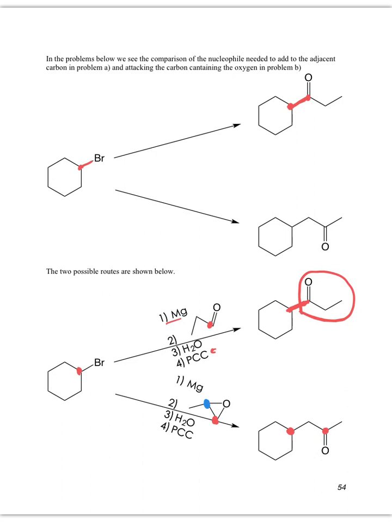Because as the Grignard adds, it adds into the carbon that has the red dot, breaking the C-O bond off of it. So the oxygen ends up staying on the carbon that has the blue dot, and then we add water to make the alcohol and then oxidize it with PCC, and we get the ketone. These are the only two things we can add a Grignard to: a carbonyl and an epoxide.